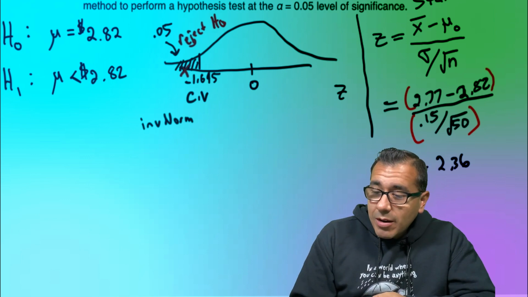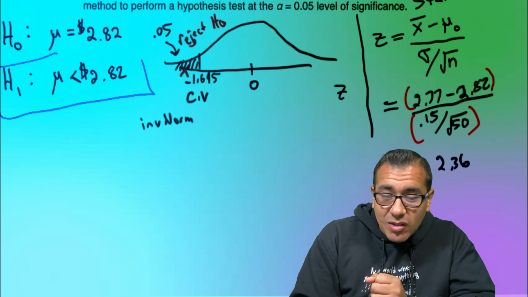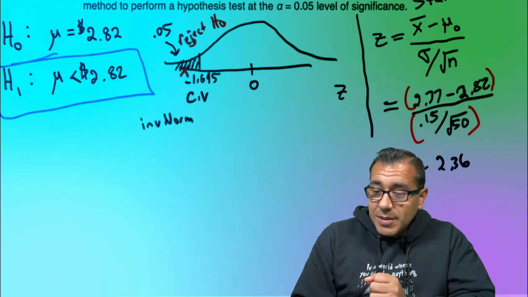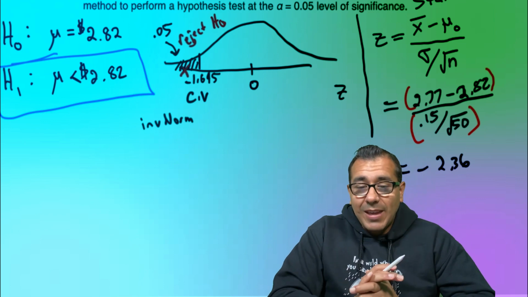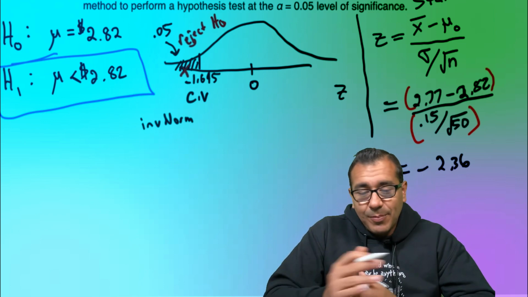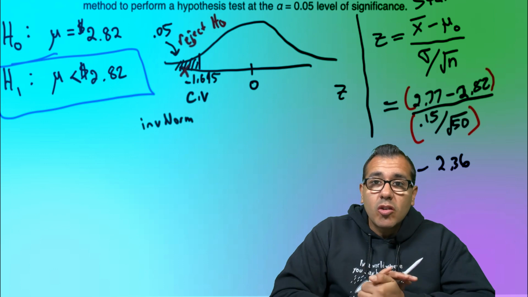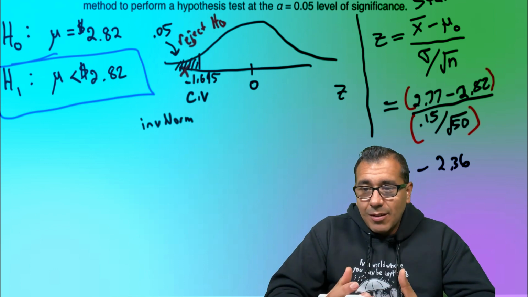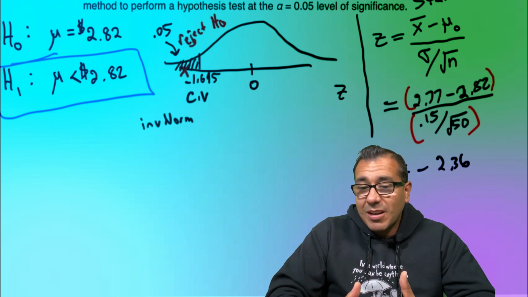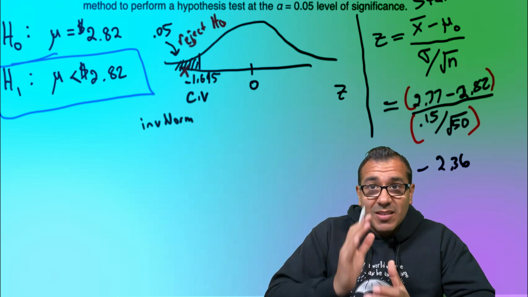So we have sufficient evidence to accept this claim that the mean price of gas in LA, in this area, is less than $2.82. We've demonstrated enough evidence to support that claim.